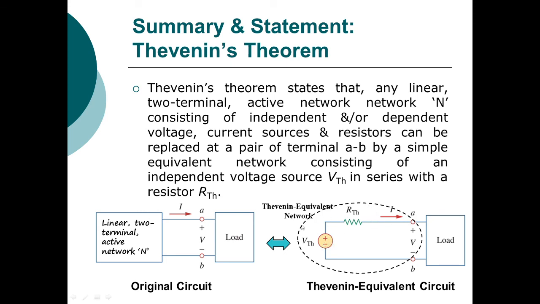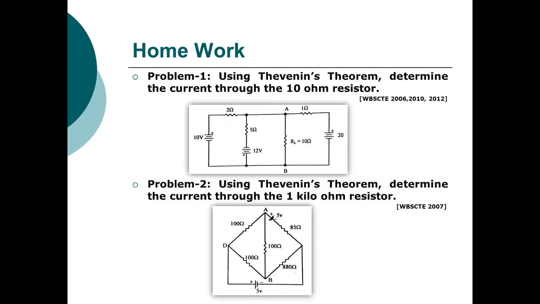Okay, so this is the Thevenin equivalent voltage in series with the Thevenin equivalent resistance for our complex linear two-terminal active network, and it is connected to our load. So the total complex circuit is converted to a simple equivalent circuit, which is termed the Thevenin equivalent circuit. So now I think you will be able to solve these two problems.